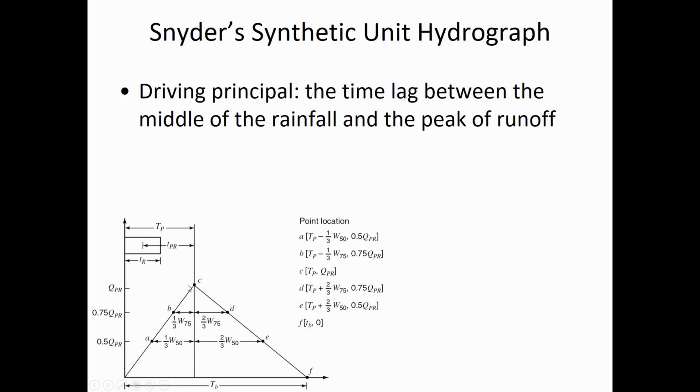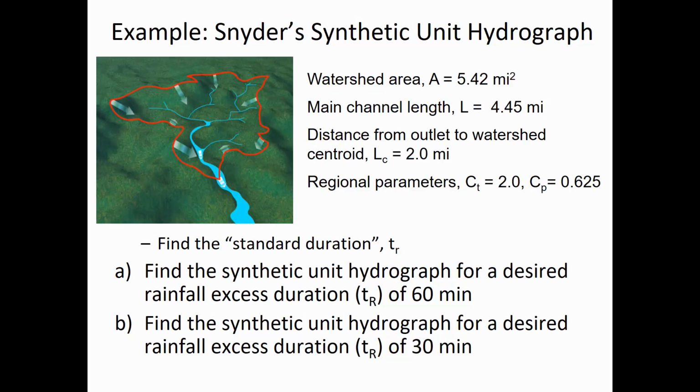It's going to define the height of this point C on the synthetic unit hydrograph. So that's Q sub PR. The formula that we have is C2, which is another units factor I'll show you in just a minute, times C sub P times the area divided by T sub capital PR.